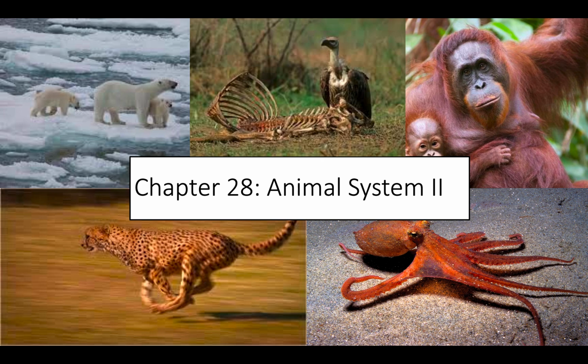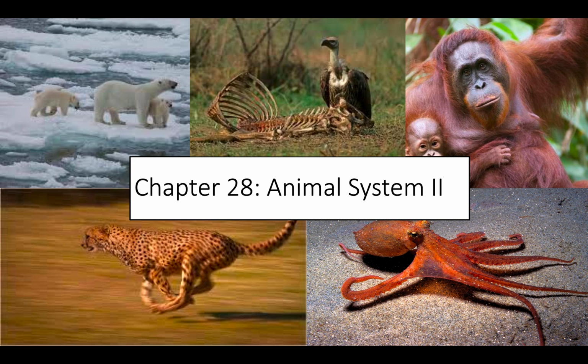Okay, so we're going to be taking a look today at chapter 28.1. That is going to be looking at the response, or simply the nervous system of animals. Now there's a very, very large diversity here, so we're going to be looking at some generalizations. And one is your nervous system is important for survival.